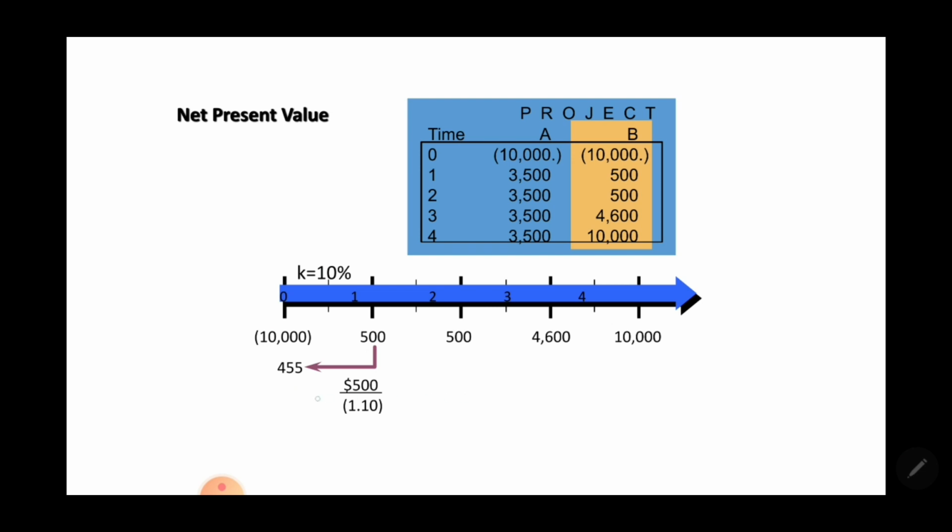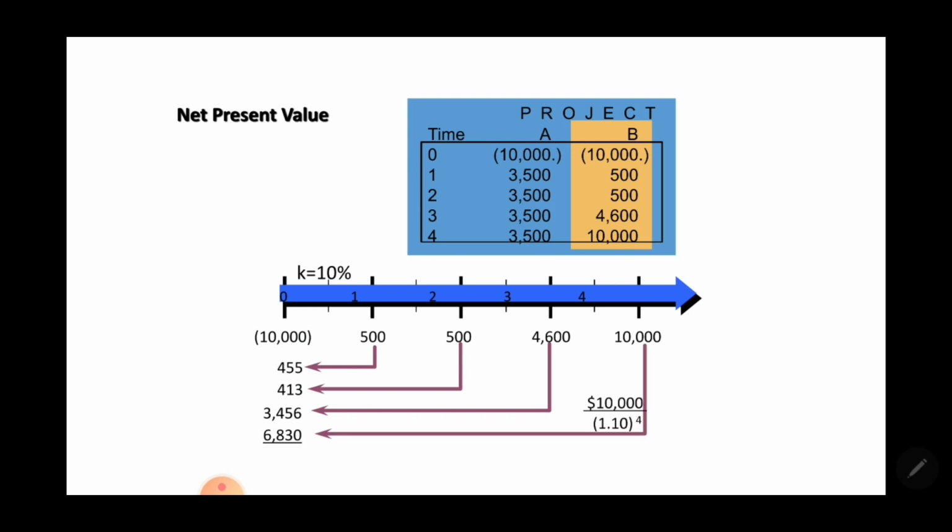Similarly, you will do it for the second cash flow as well. If you try it for the second cash flow, the present value is coming 413, and you can see you have power 2 over here because this is coming back 2 years. Then you'll do it for the third cash flow, which is coming back 3 years, and you'll do it for the last cash flow as well.